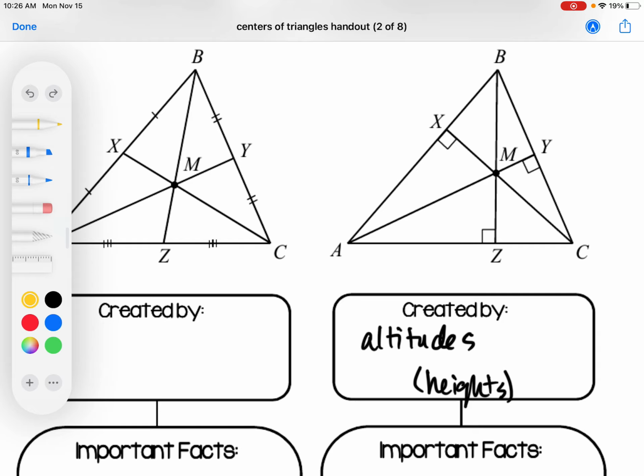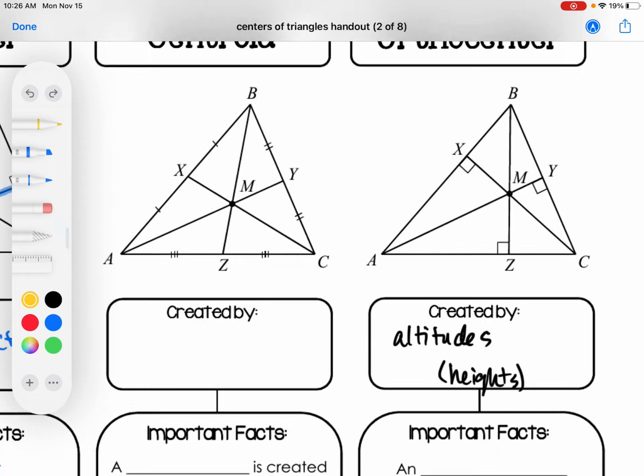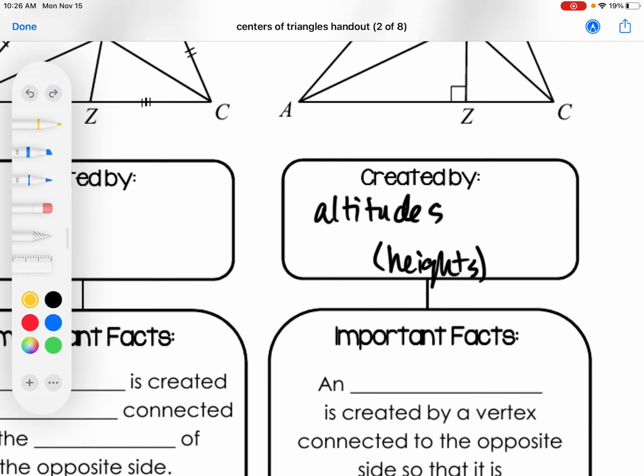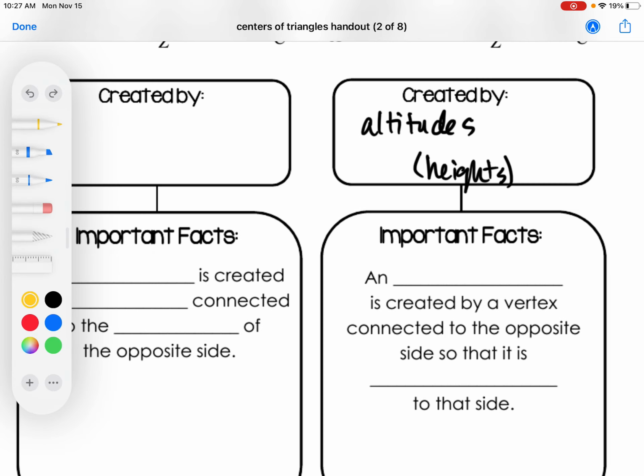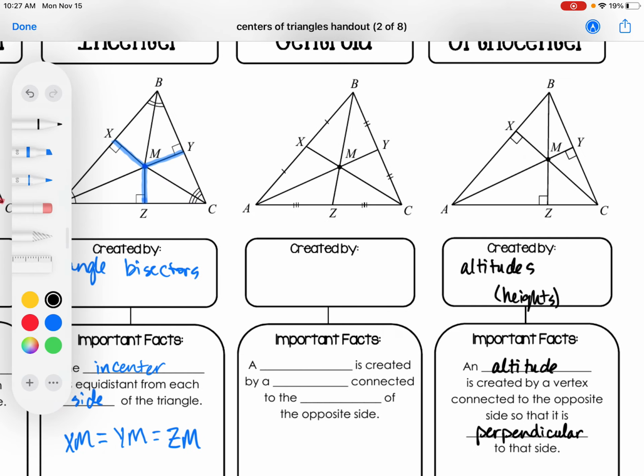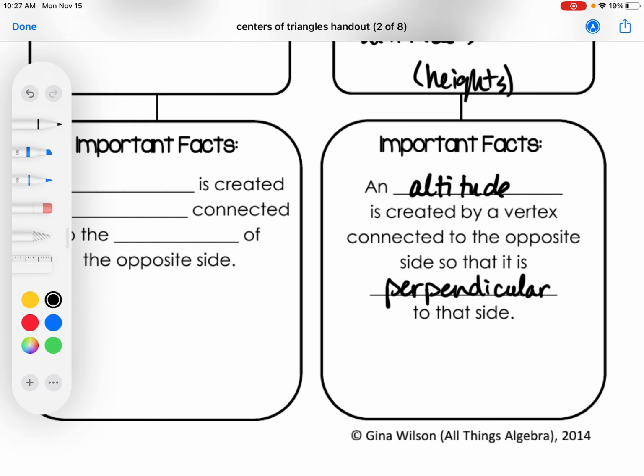If you did that for all three, you meet in this point called the orthocenter. An altitude is created by a vertex connected to the opposite side so that it's perpendicular. You're connecting the corner to the opposite side so that it makes a right angle.